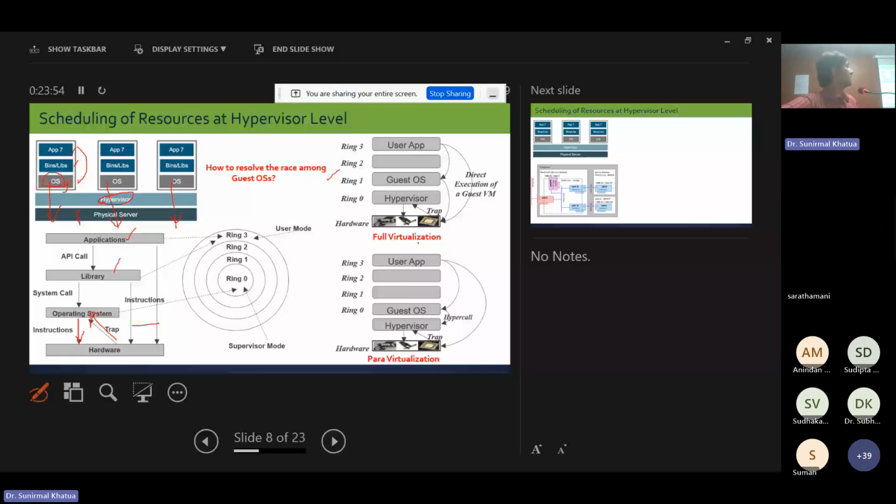They provide a different distribution with the modified kernel, which has a hypervisor call. For other operating systems, whenever we install a guest OS, at the time of installation they modify the kernel because they are not proprietary.